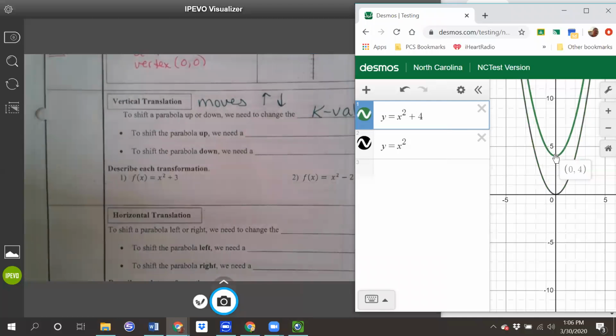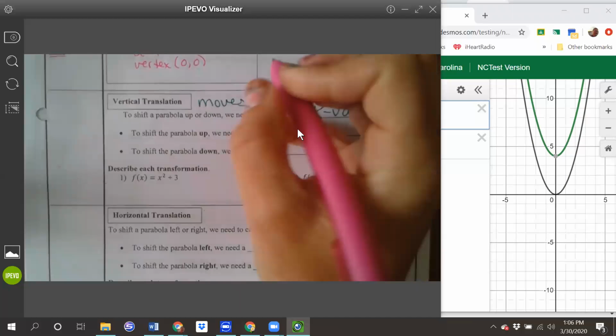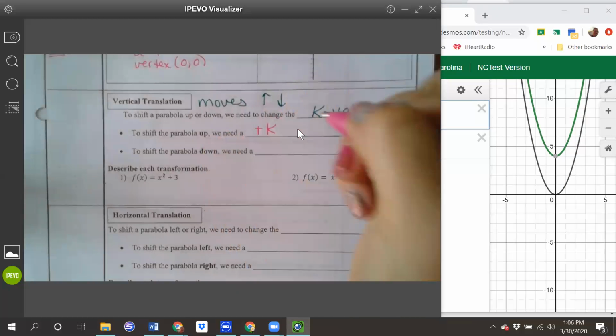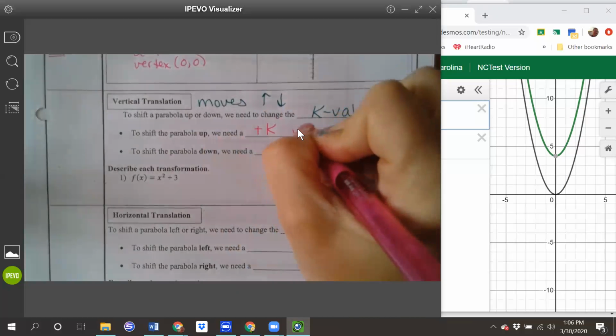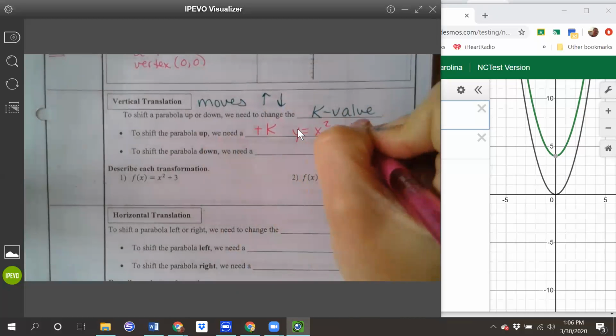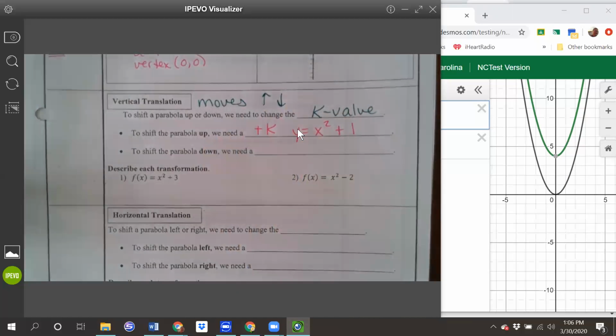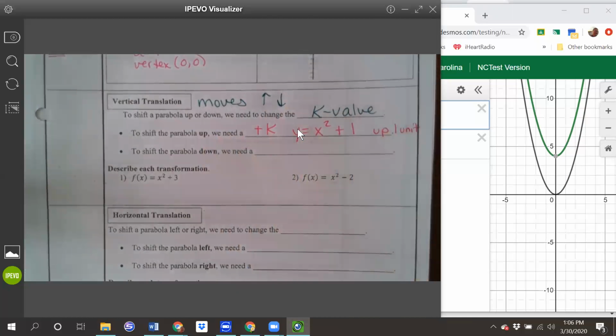So in order to shift a parabola up, this k value needs to be a positive k value. It will move your equation up. An example would be y equals x squared plus 1, which would move up 1 unit.